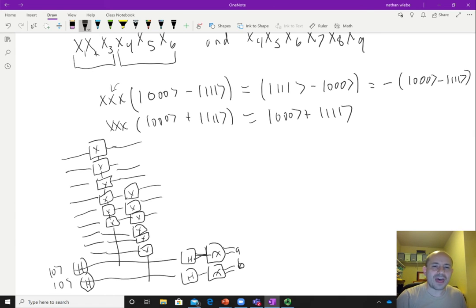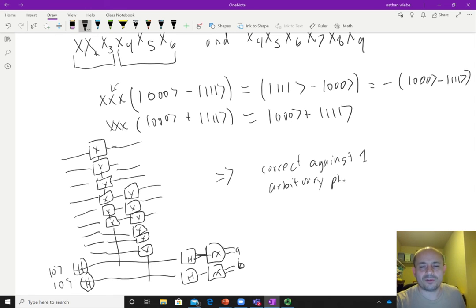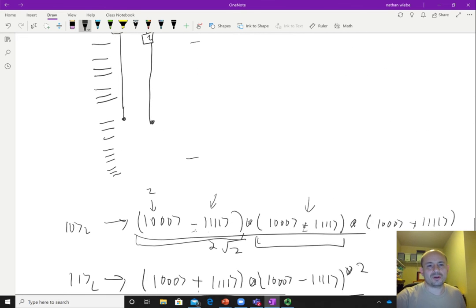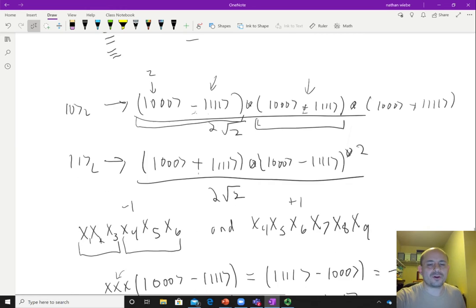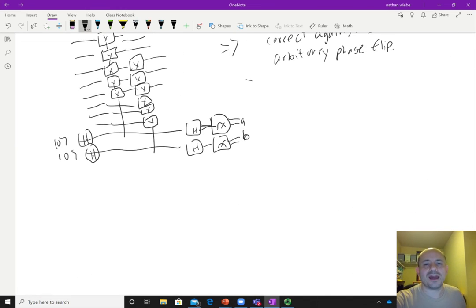Okay, so that is how the Shor code works, and this ends up implying by the same symmetry argument that this can correct against one arbitrary phase flip. Further, because these operations actually commute with these Z operations over here, the order that we do the measurement doesn't matter, and this implies that we can correct against both errors.